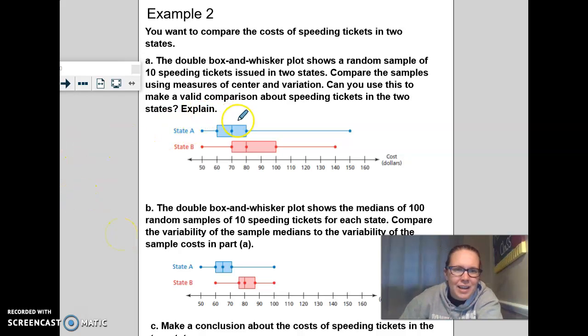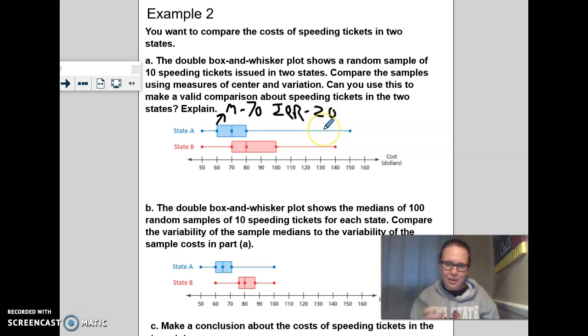For state A, I'm just going to write it up here. My median is right here in the middle of this box, so that is 70. My IQR is going to be this higher part minus this lower part, so 80 minus 60, which is 20.